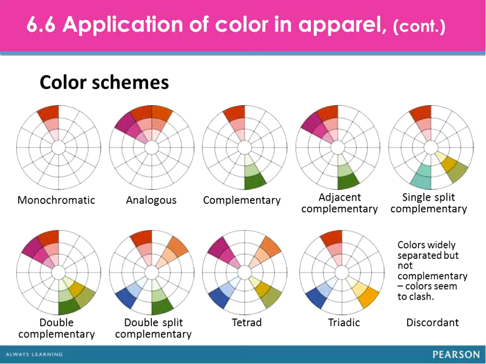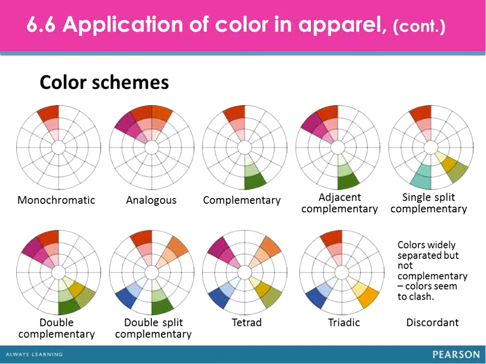A double complementary would be two on either side, opposite sides of the color wheel. A double split complementary is you take the complement and then the adjacent ones to the left and right of each one of those. Sort of creates a rectangle. A tetrad is more of a square. You skip two colors in between every one that you put into the relationship.